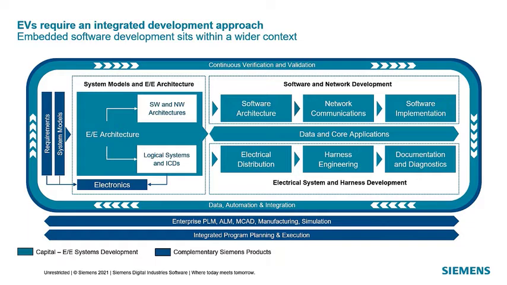The manufacturing of electrical harness is hugely complex, and Capital provides a solution to optimize that process of product into service. The customer then needs to be able to efficiently service, diagnose, and repair the electrical systems, and Capital provides a solution to make that process far more efficient.